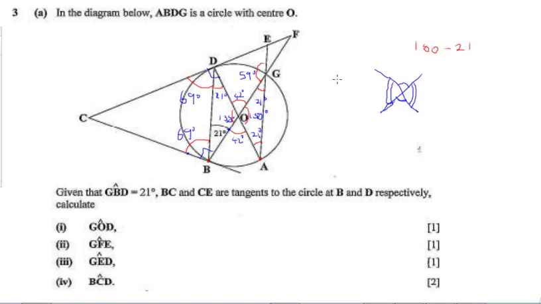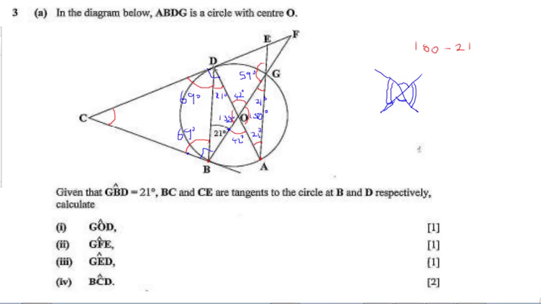So having found 69 degrees, we can find the angle at C. Why? Because this is a triangle, triangle CDB, and angles in a triangle add up to 180 degrees.